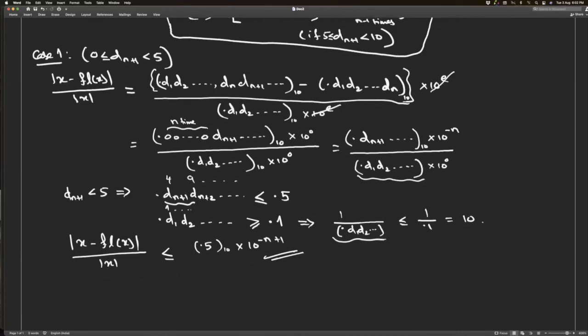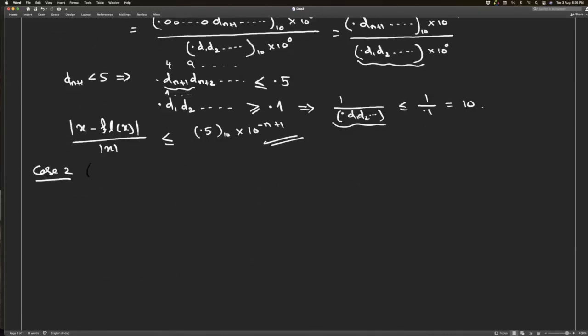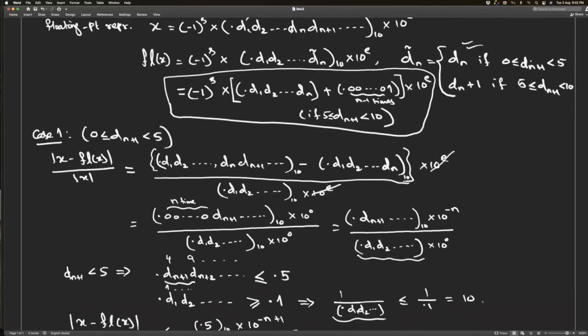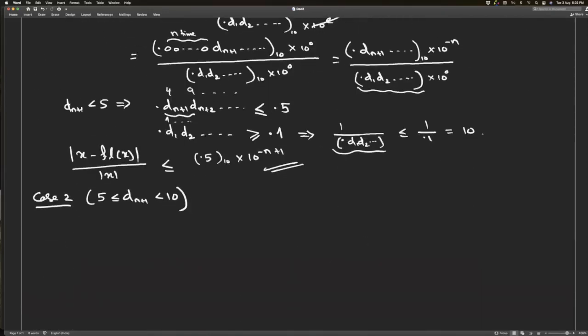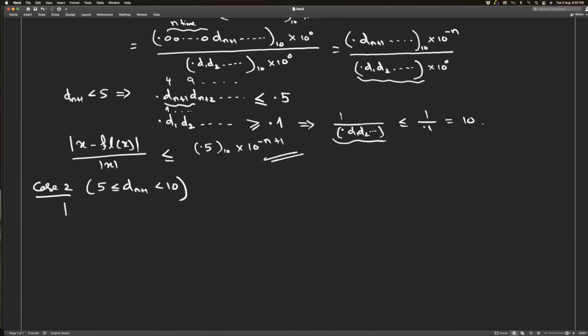Let us consider the case 2 now. Here we have d(n+1) lying between 5 and 10, right? So in this case, our floating point representation is written like this, and therefore, let's see how |x minus fl(x)| divided by |x| will look like.